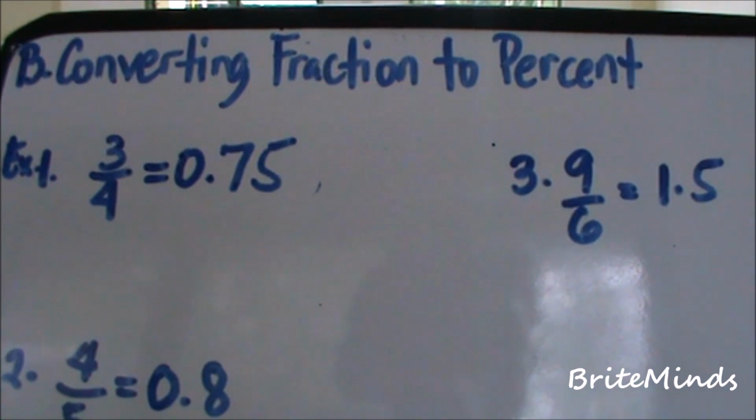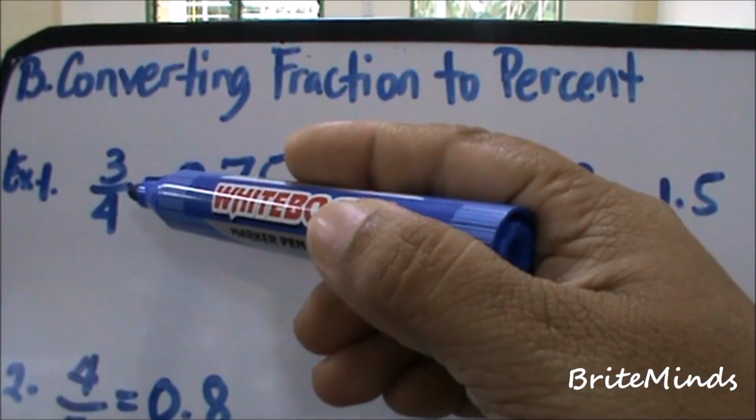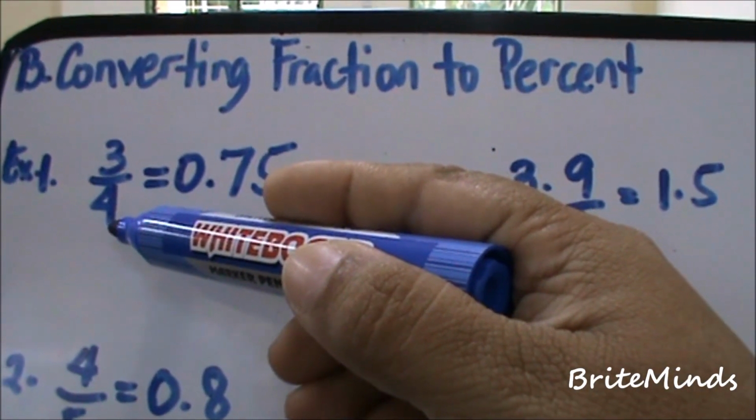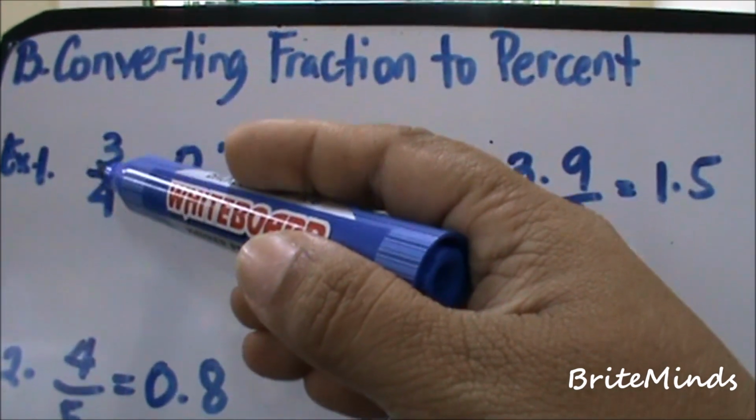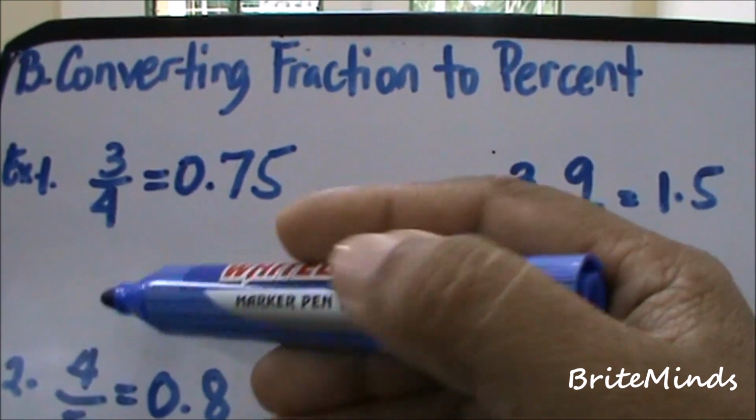Converting fraction to percent. To convert fractions to percent, change the fraction into decimal by performing division. Okay, like what we have done a while ago. So this is the fraction. We simply do division.